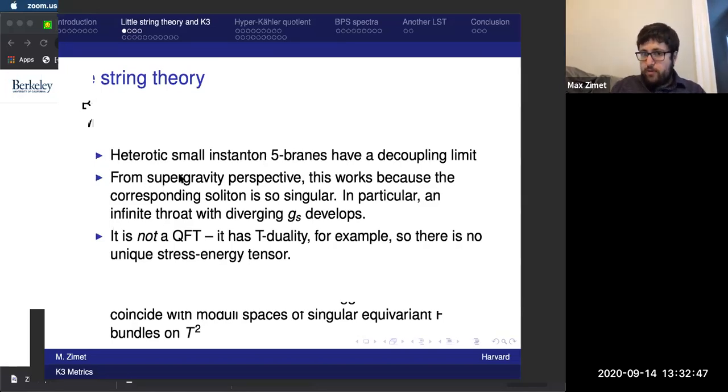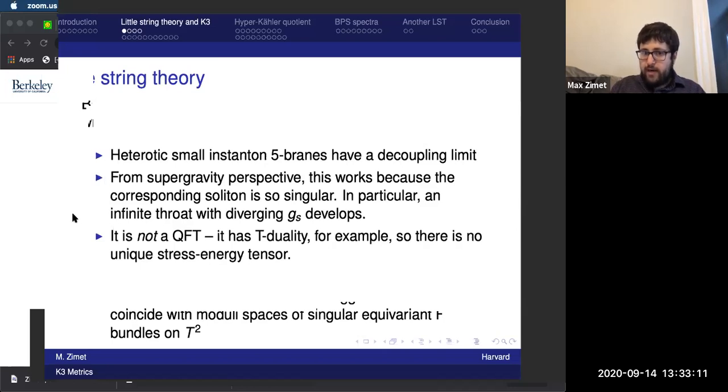And from the supergravity perspective, there's a very interesting fact about this 5-brane, namely that if you take the string coupling of the heterotic string theory to 0, the bulk dynamics turns off because you've turned off the string coupling, but nevertheless the world volume of those 5-branes remains interacting.